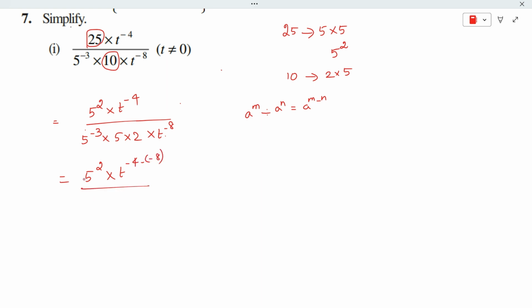Okay, divided by, you can see the bases are same and it is in product, so I can add the powers here, isn't it? Since I have already taken t power minus 8 to the numerator, I'm just ignoring here. So it is 5 power 2 into t power minus 4 plus 8 is going to be positive 4, divided by 5 power minus 2 into 2.